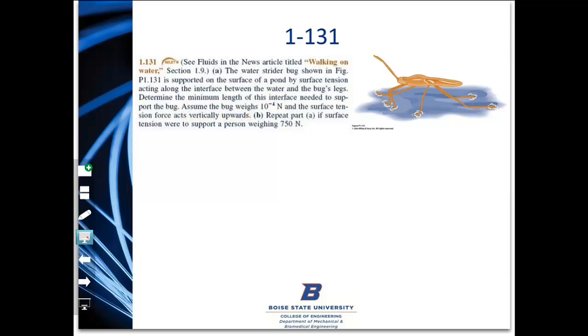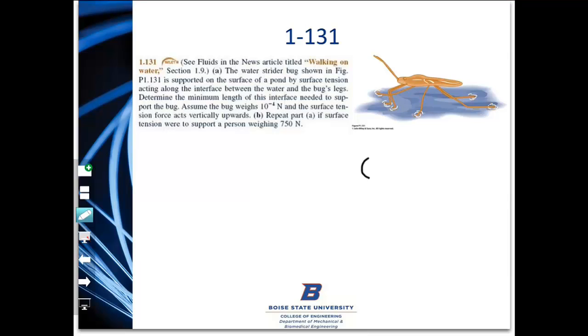Assume the bug weighs 10 to the negative 4 newtons and the surface tension force acts vertically upwards, and repeat Part A if the surface tension were to support a person weighing 750 newtons.